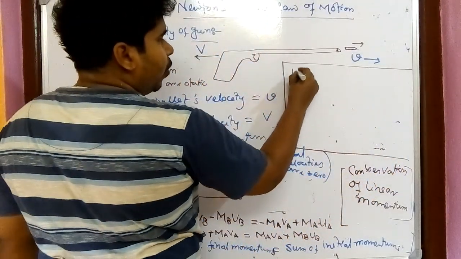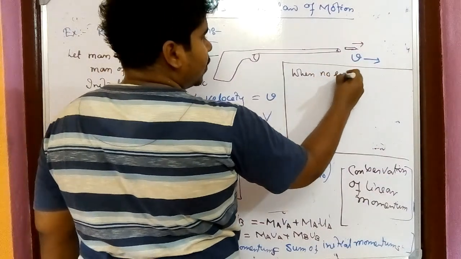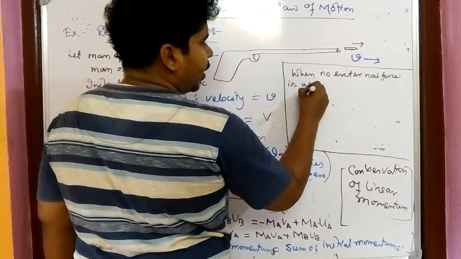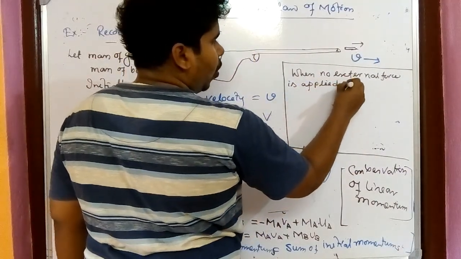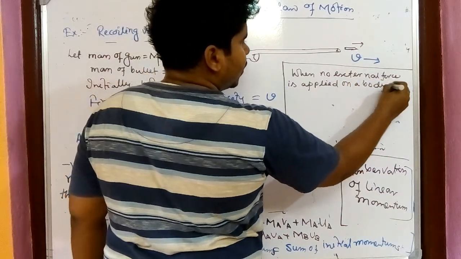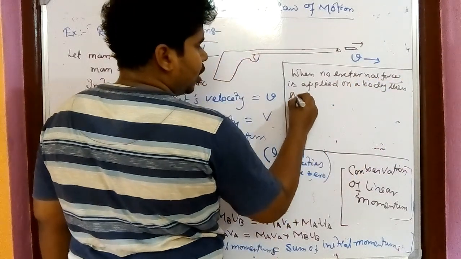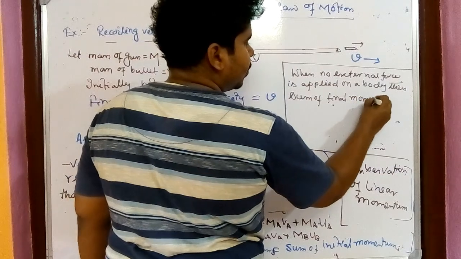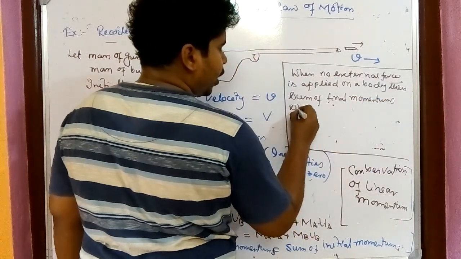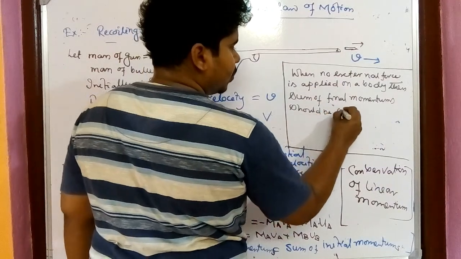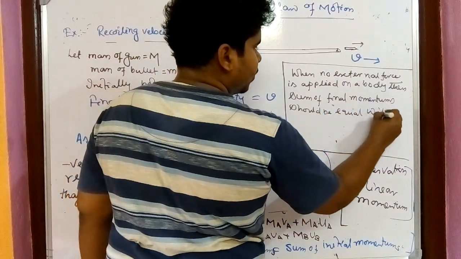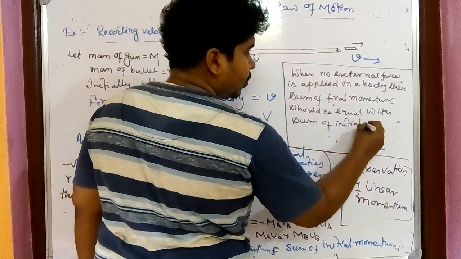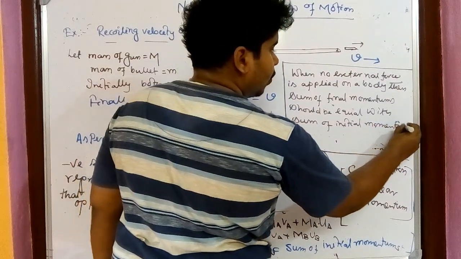It tells us that when no external force is applied on a body, then the sum of final momentums should be equal to the sum of initial momentums.